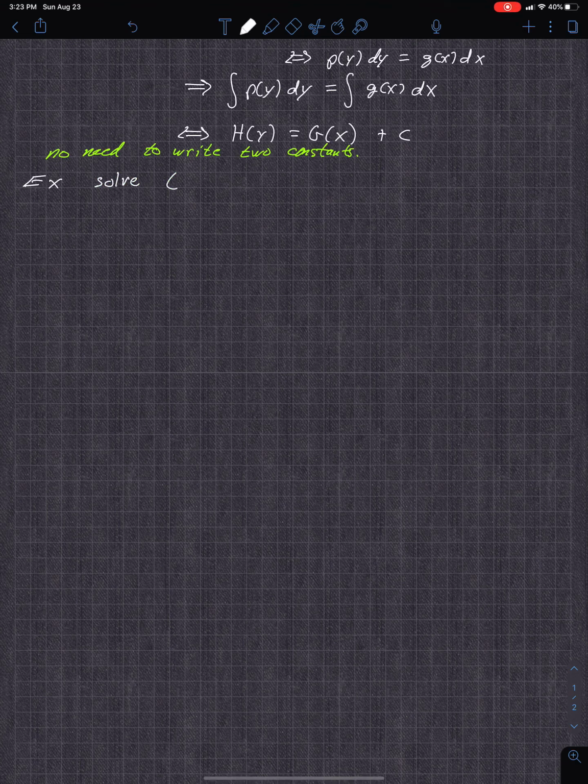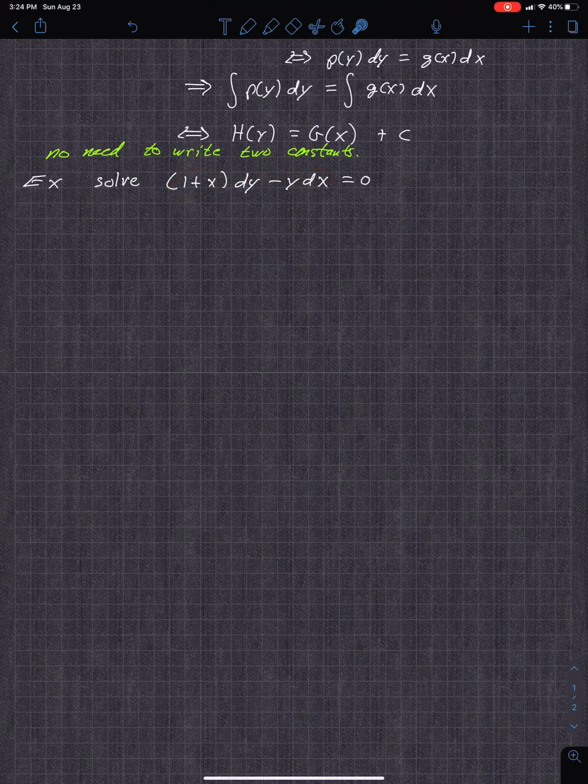So solve (1 plus x) dy minus y dx equal to 0. That's how it's given in this case, which was slightly different from the first few examples I saw in the book. But you can see you want to be able to separate that. So you need to get this factor together with the dx and then the y together with the dy.